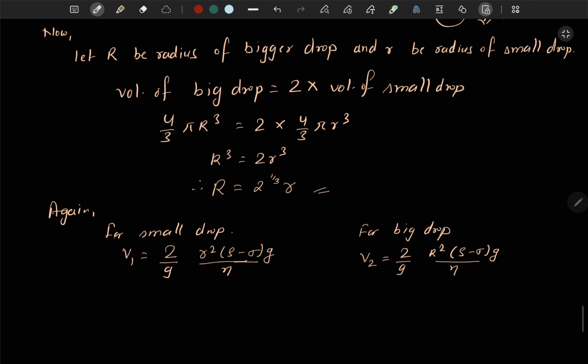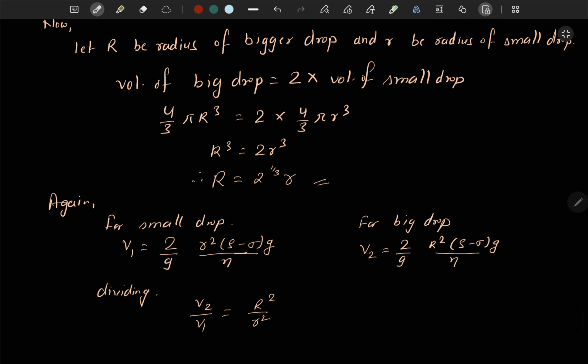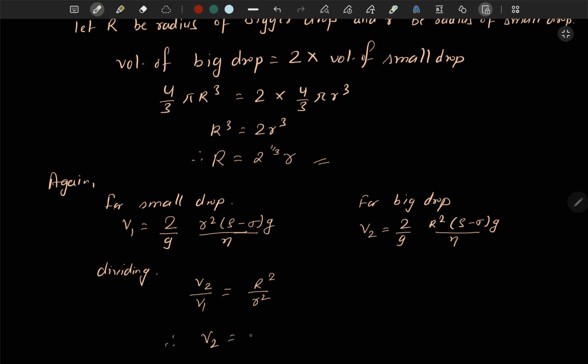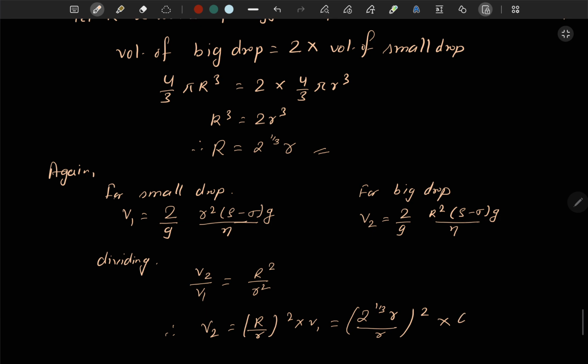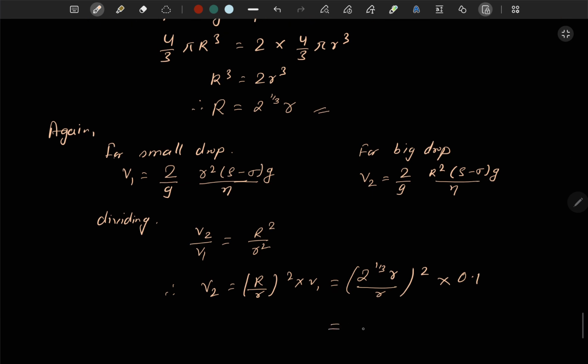We will divide these two equations. Dividing, v2 by v1 is equal to R square by r square, and finally v2 is given by R by r whole square into v1, that is 2 to the power 1 by 3 whole square into 0.1, that is 2 to the power 2 by 3 into 0.1.